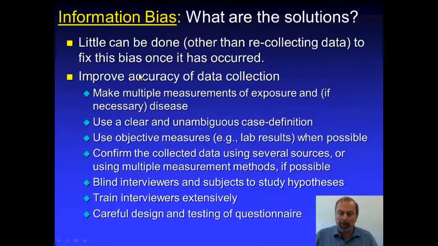A clear and unambiguous case definition, that's obvious. You don't want other health outcomes being mixed in with your cases, because they'll have different risk factors, and that will really blur the picture if you mix up health outcomes. Use lab results when possible, either for exposure, objective measures of, for example, lead in paint or something like that, or objective measures of health status.